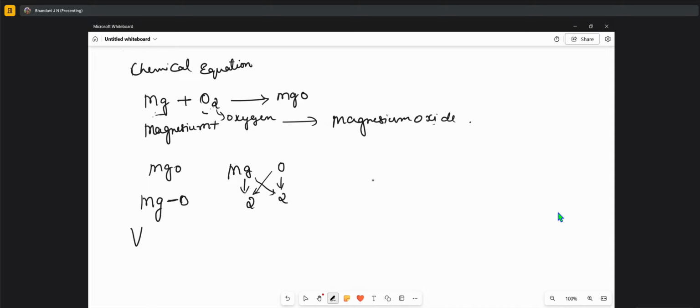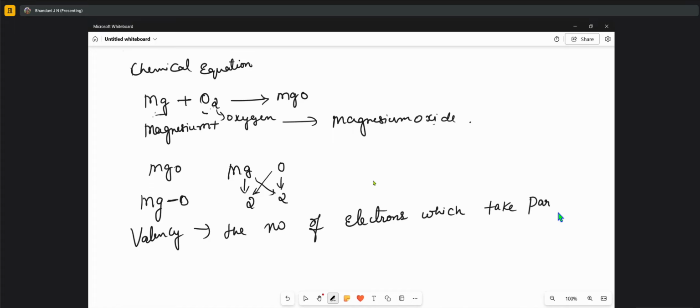Write down: the number of electrons which take part in the chemical reaction is called its valency. Usually in magnesium, 2 electrons will take part.